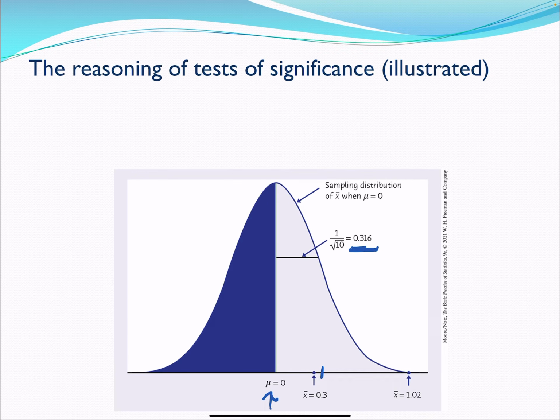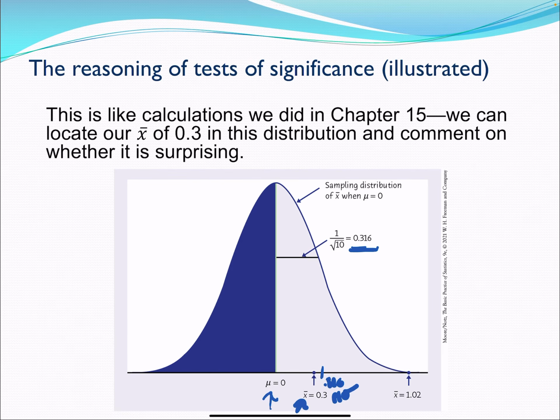So the point right here, 0.316, would be one standard deviation above the mean, right? Our sample mean that we found is almost one whole standard deviation away from the mean. Interesting, right? We can locate our x bar of 0.3 in this distribution and comment on whether or not it's surprising.